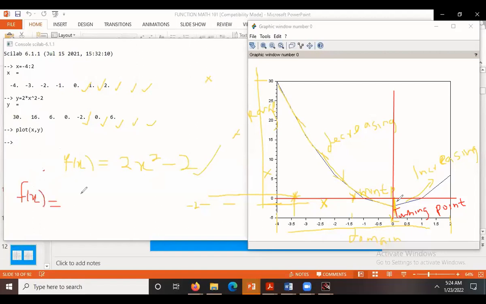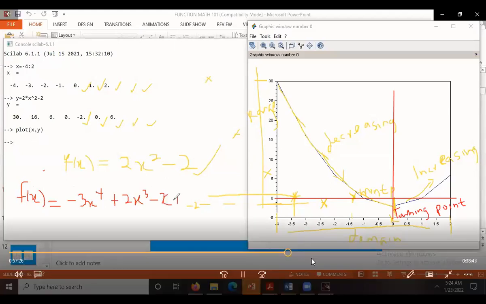So let's take f of x is minus 3x raised to the power 4, plus 2x cubed minus, let's say, x plus 2.